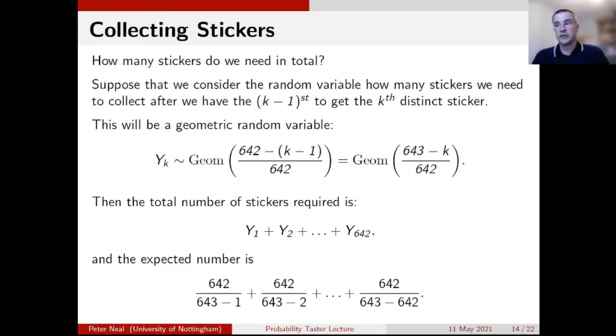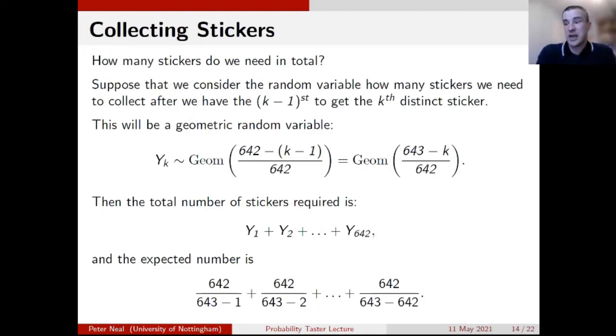And we can work this out. Just using what we had on the previous slide, we can take the probability of being successful at each stage, i.e. when we have 1 sticker or 2 stickers, the probability that our next sticker will be distinct, and just flip these over. So the expected number is given by 642 divided by 643 minus 1, plus 642 divided by 643 minus 2, and so on, all the way down to 642 divided by 643 minus 642.